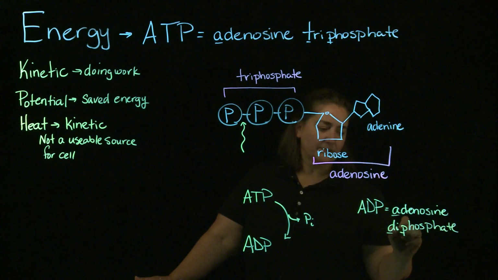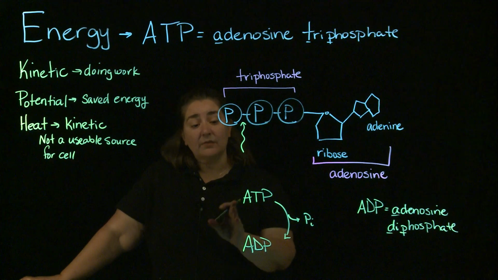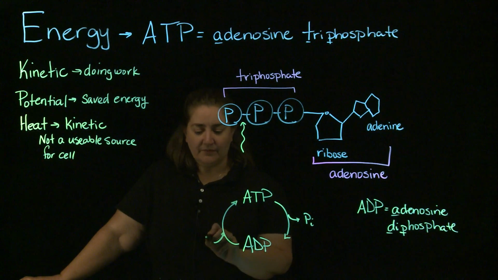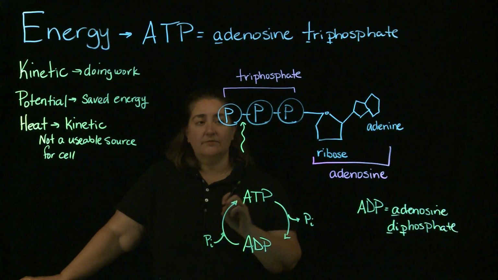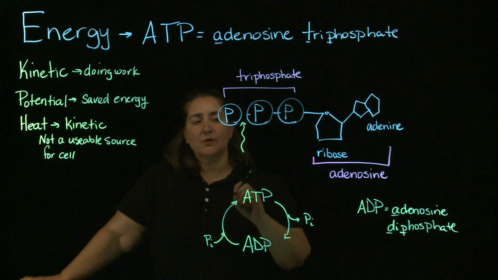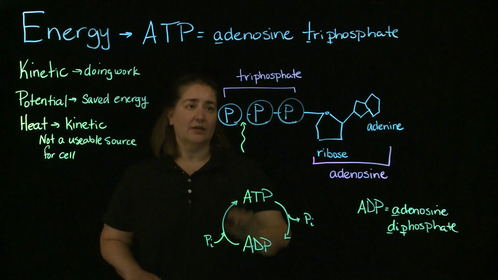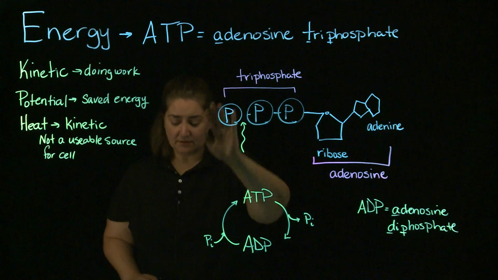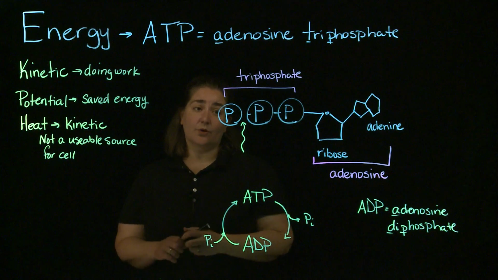But that ADP can then be recycled with the input of a phosphate group and go back to being ATP. There's a lot of energy stored in this bond between those 2 phosphate groups. When we cleave that bond, we go from adenosine triphosphate to adenosine diphosphate. And that's the main molecule that does the bulk of the work within the cell.